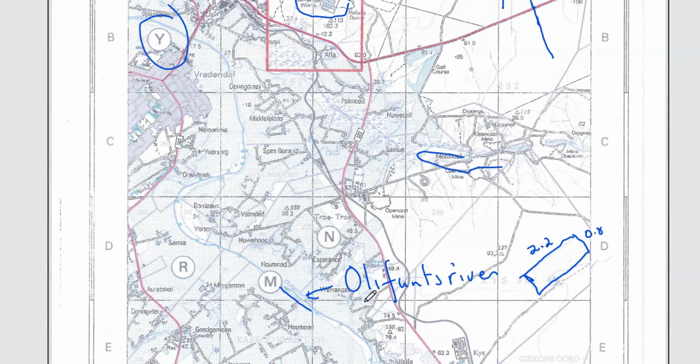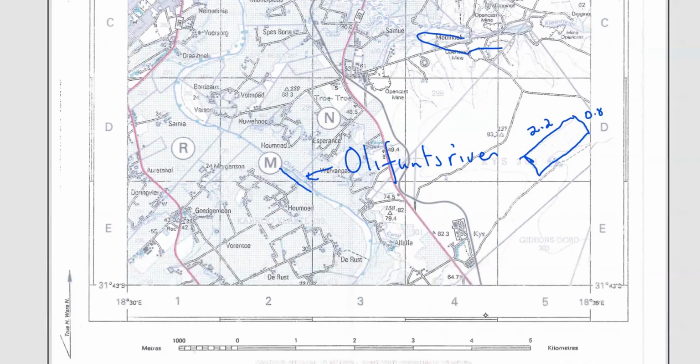Perennial rivers are shown by a solid blue line, while non-perennial rivers are shown by a broken line like this. So this one is non-perennial.